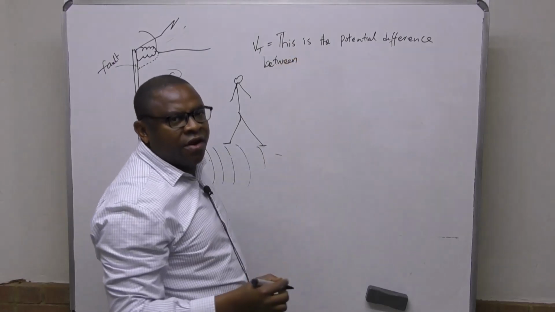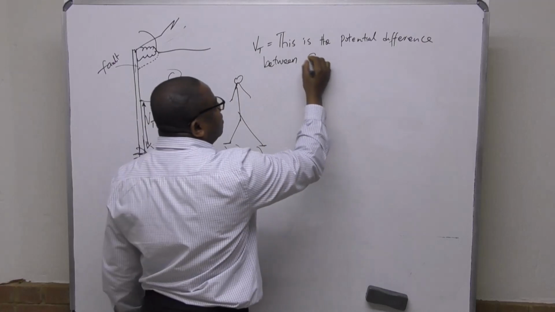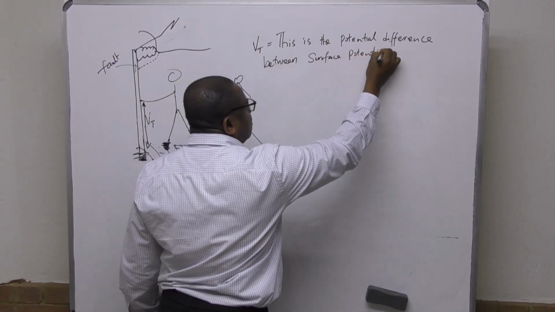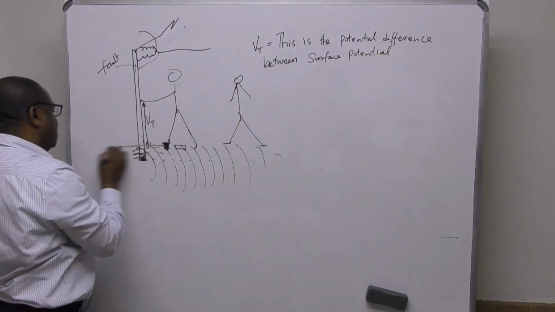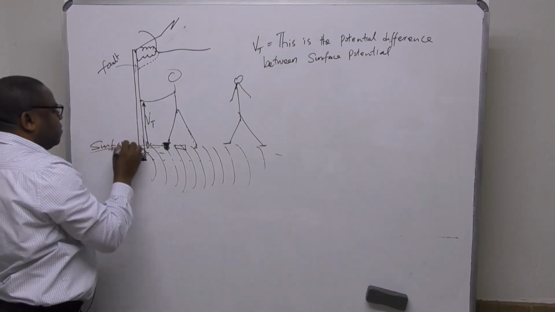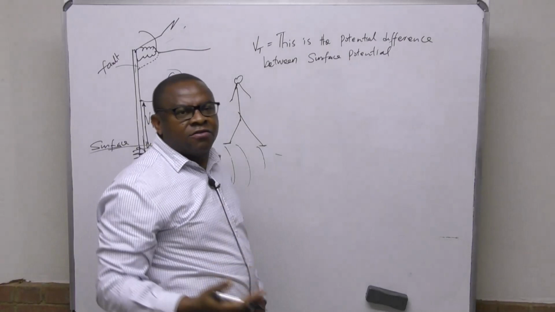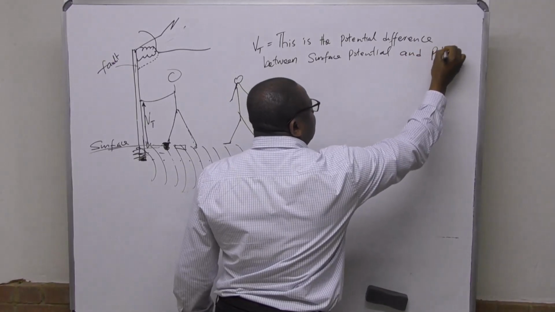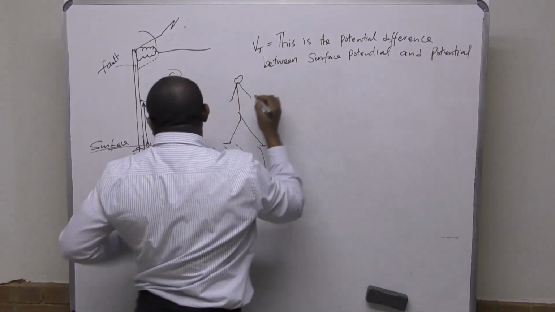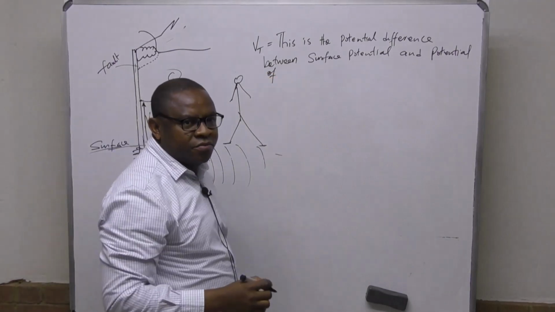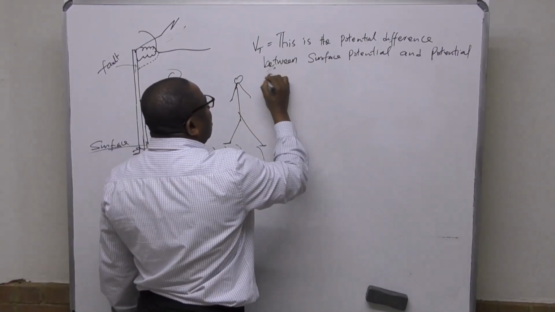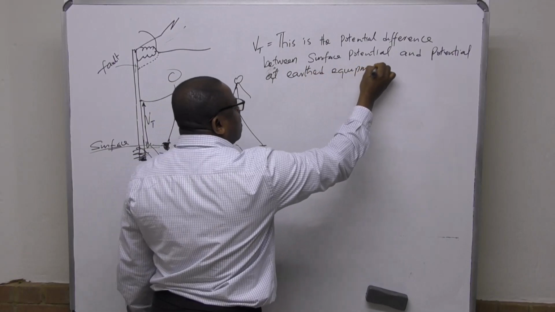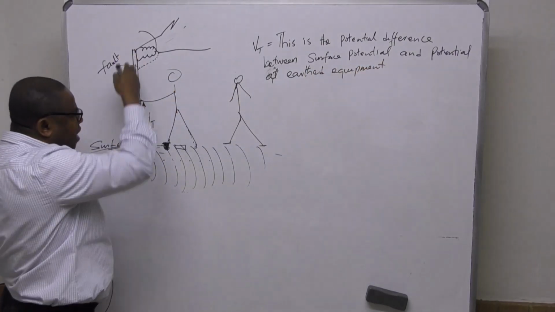So it's a potential difference between the surface potential, that is, between this is our surface, between, let's say, Earth's surface potential and the potential at earth equipment. Remember that this is grounded, it's earth, okay?